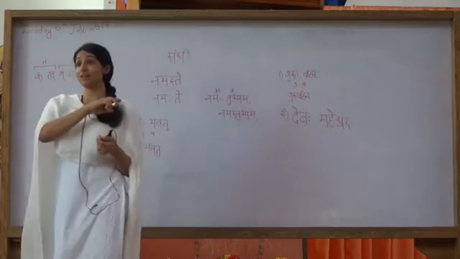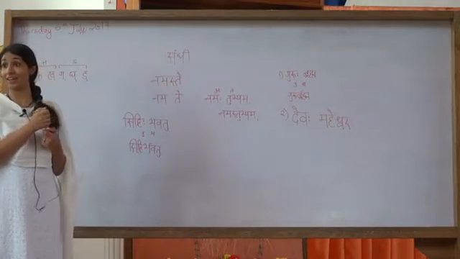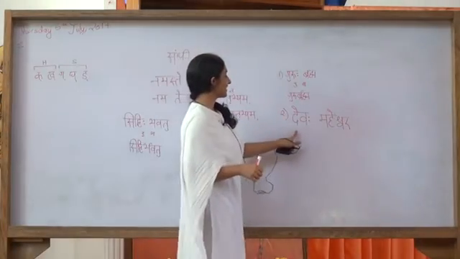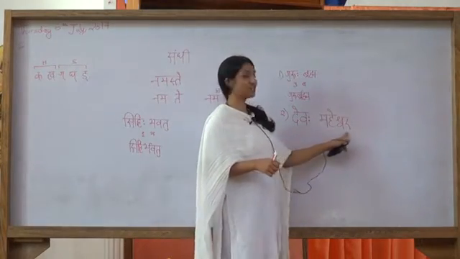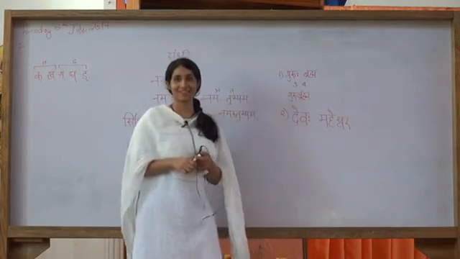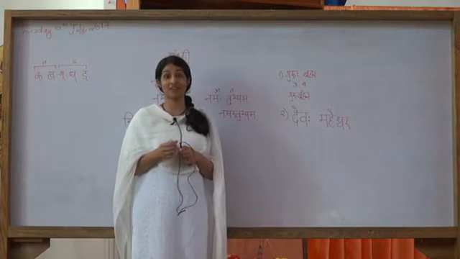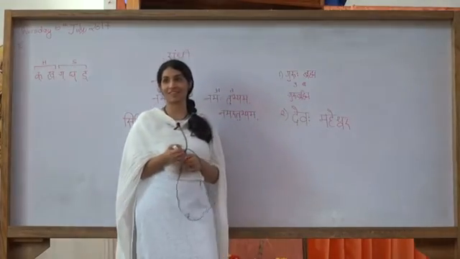Auntie, is that size okay? Bigger or is it okay? It's okay. Okay. This is Devaha Maheshwaraha. Devaha Maheshwaraha. So before the visarga is coming what vowel?